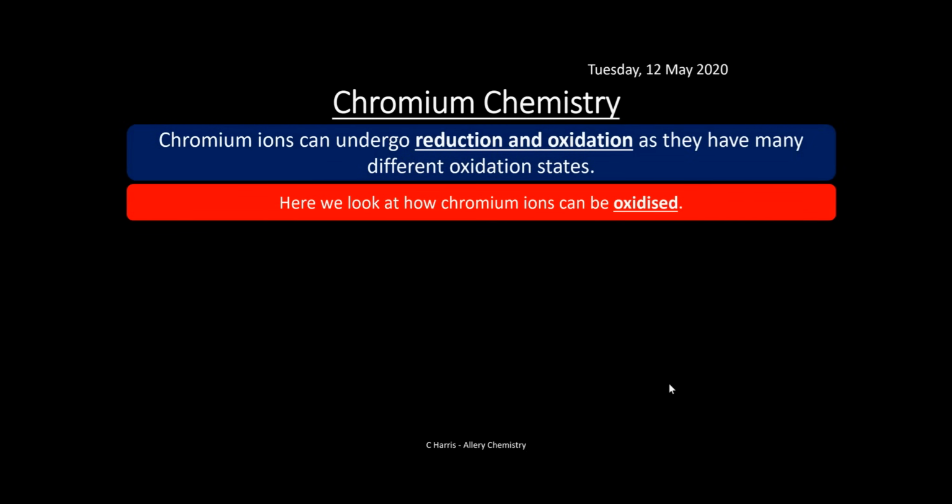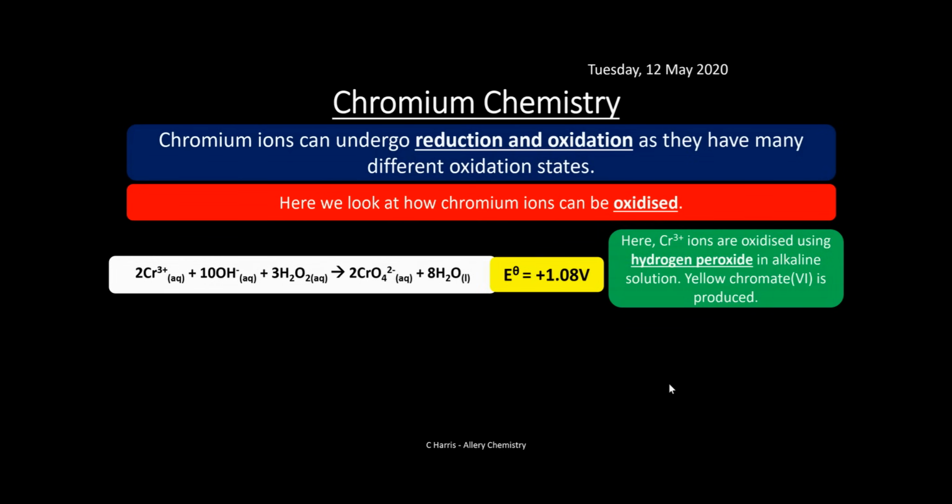Okay. So here we can look at how chromium ions can be oxidized. So we're just going backwards here. We're starting from Cr3+, and we're going to form our CrO4 2-, and you can see here that you've got an E0 value of +1.08, which tells us that this is a feasible reaction.